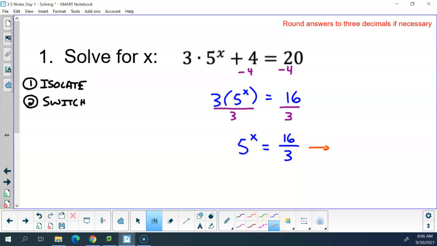This would become log base 5 of 16 thirds equals x. And then we can solve.